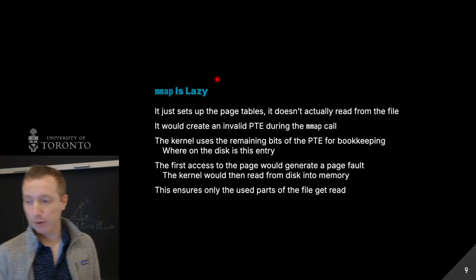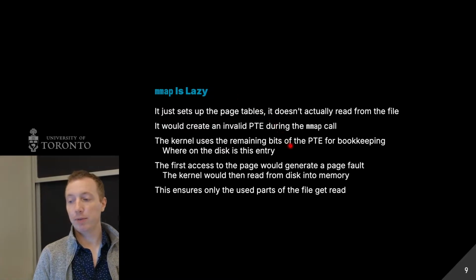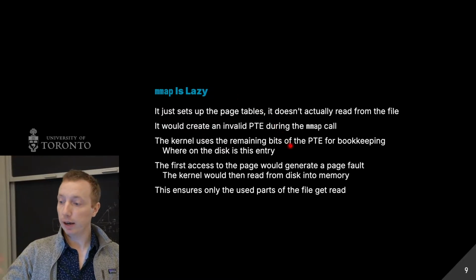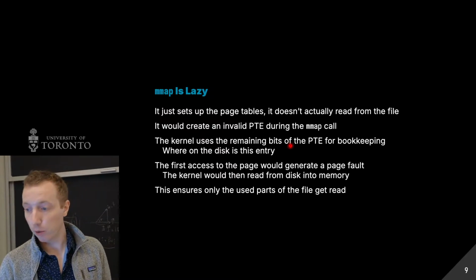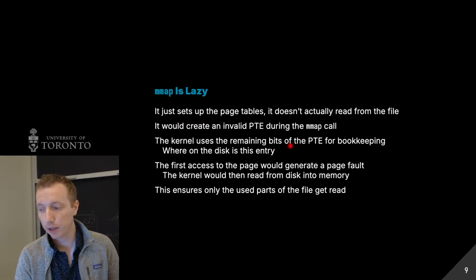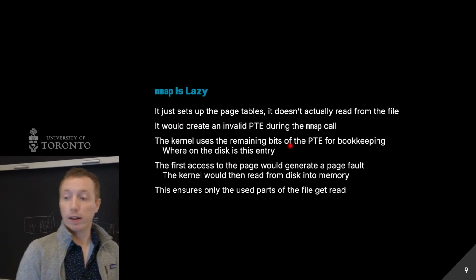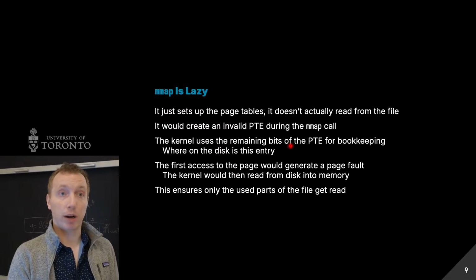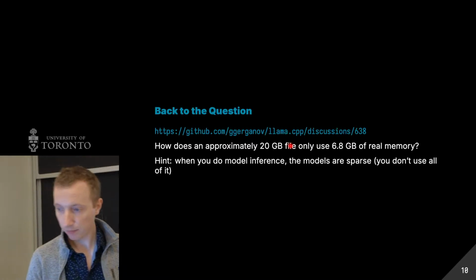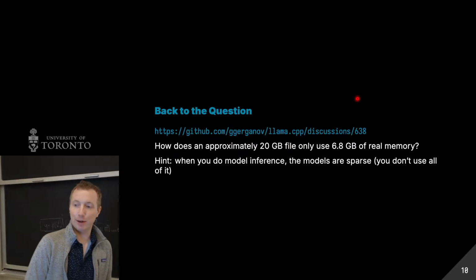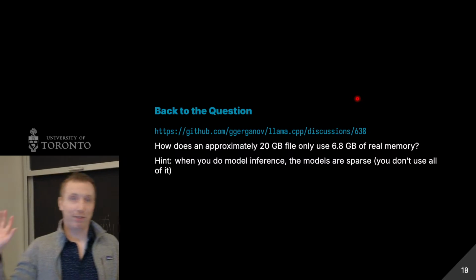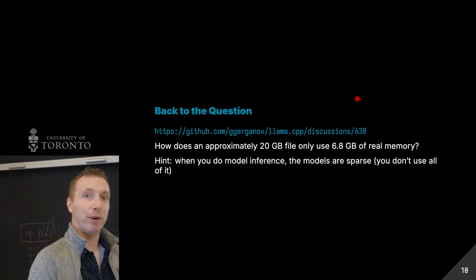Big thing to know is first access, that generates a page fault. The kernel then reads the file into memory only at that point and gets the page. And this ensures only parts of the file that get read actually get brought into memory. So back to this big question. For this LLM, yeah, the model was 20 gigs.